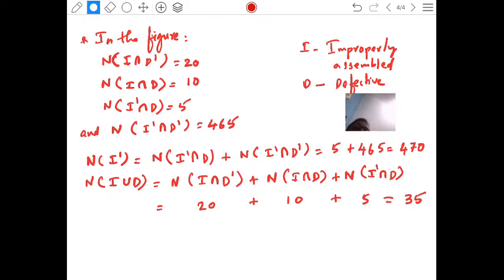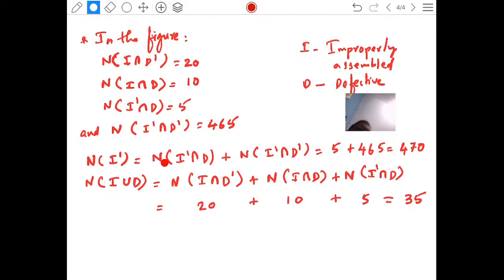So this makes the set I union D, the number of elements in the set, n of I union D, equal to 20 plus 10 plus 5 equal to 35. How do you get that? You can take the sum of these three.